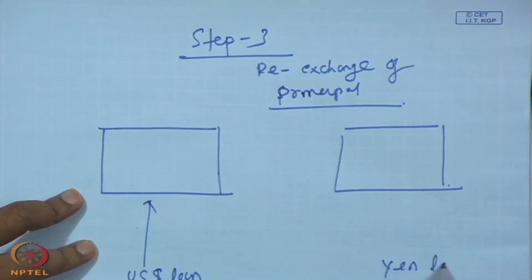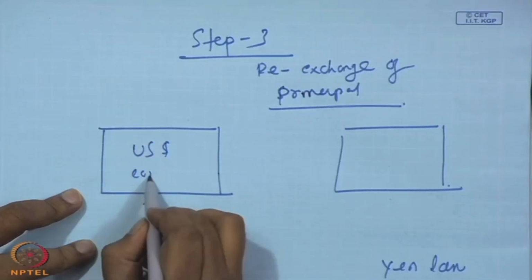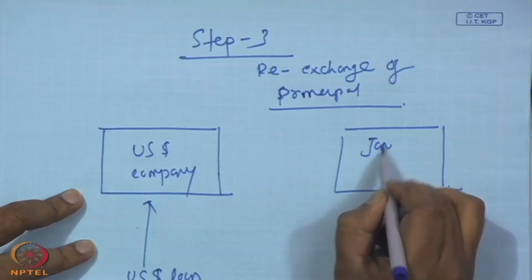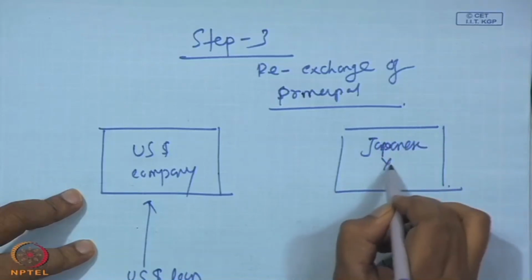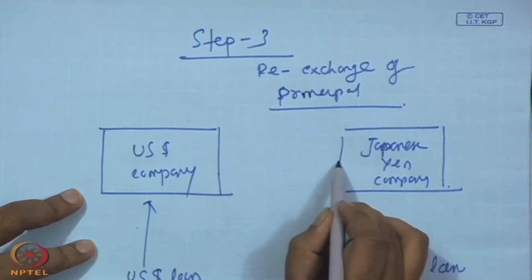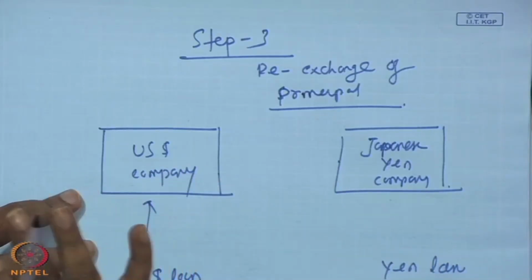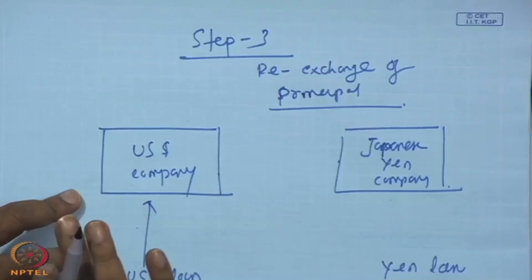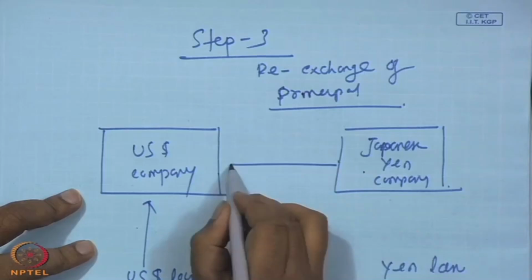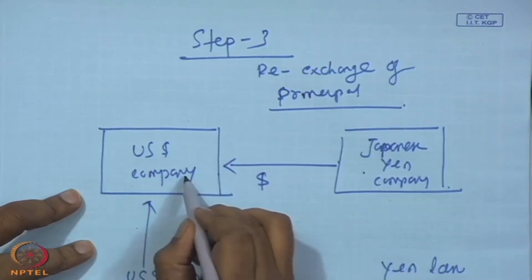So, with the Japanese yen loan and the US dollar loan, the principal transaction again takes place in reverse, because in step 3 the principal re-exchange takes place. The Japanese company has taken dollars, so it will transfer the principal amount of dollars to the US company.